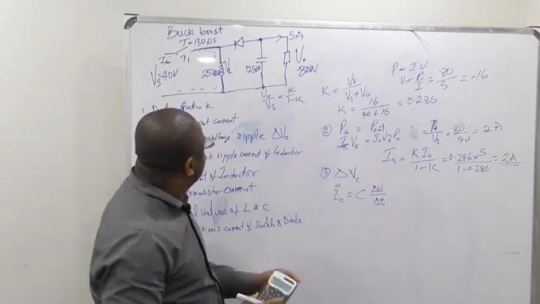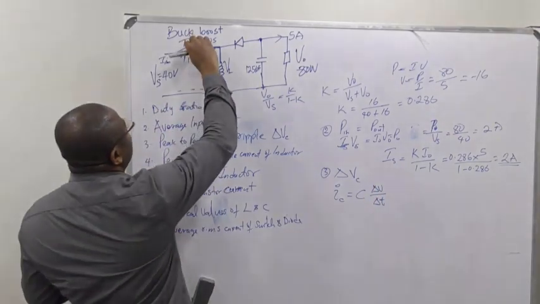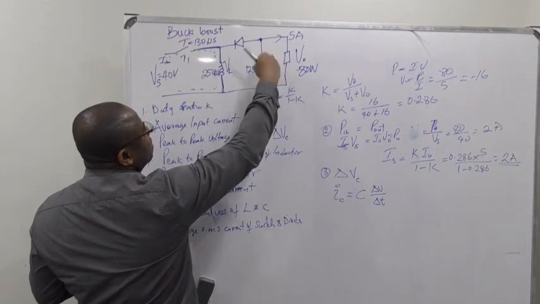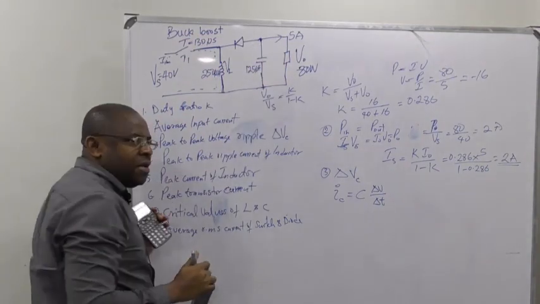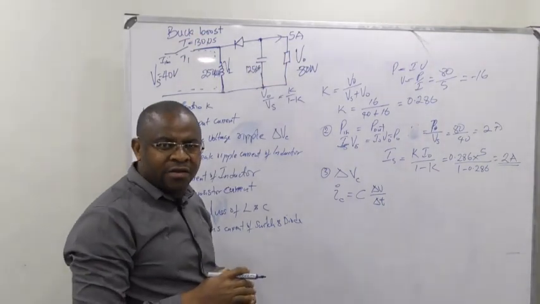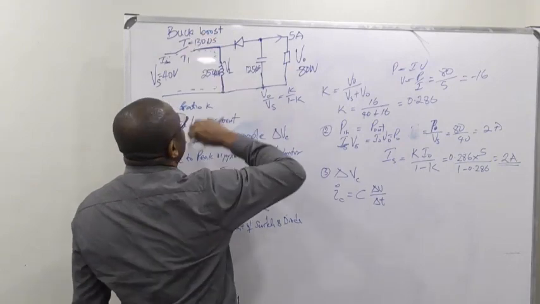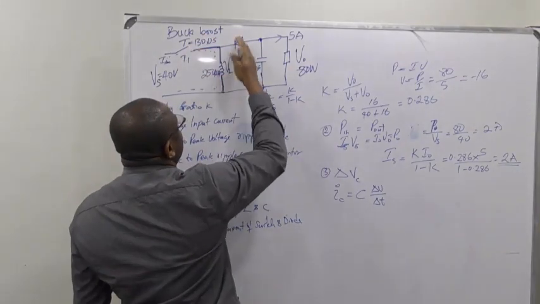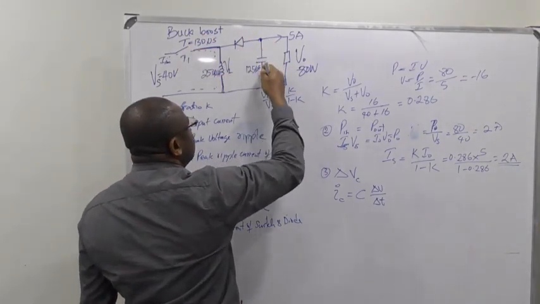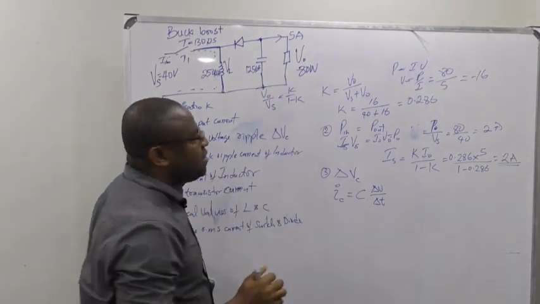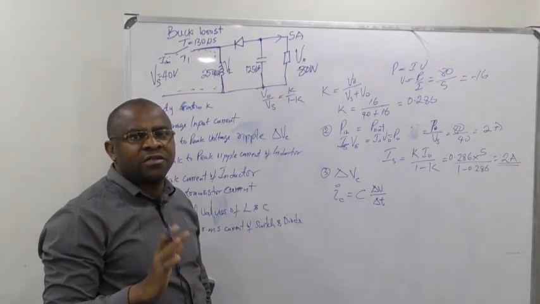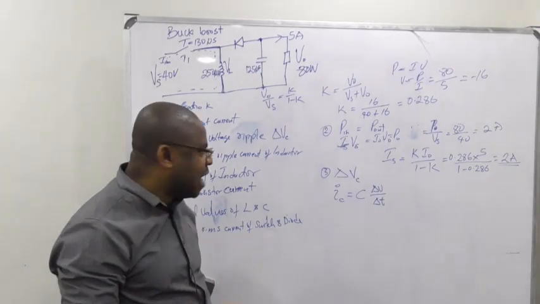If you switch this on, current will flow like that, so this will be cut off. The current that flows through here, IC, will be minus IO at time of on.